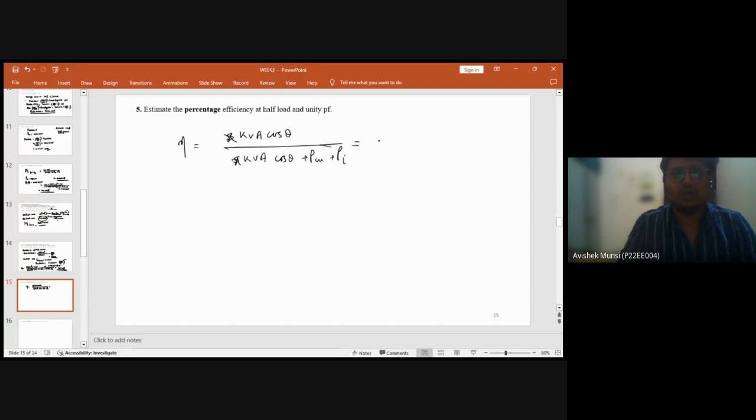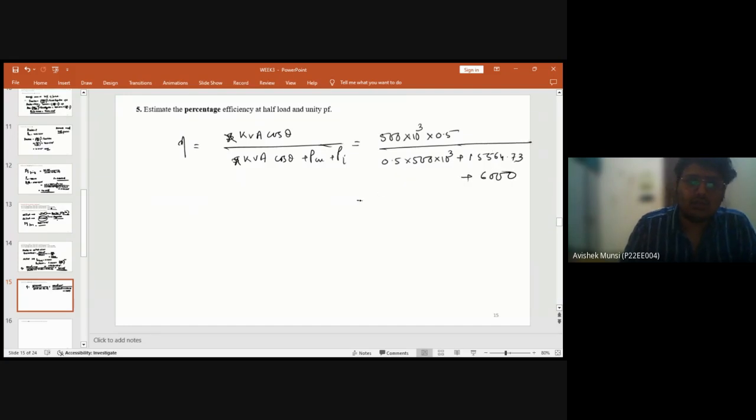So here x is half, so 0.5, kVA is given as 500, cos theta is 1. Plus we know the copper loss, calculated as 15564.73, plus this 6000. So if we calculate it, it will be around 96.19%. Same type of question.